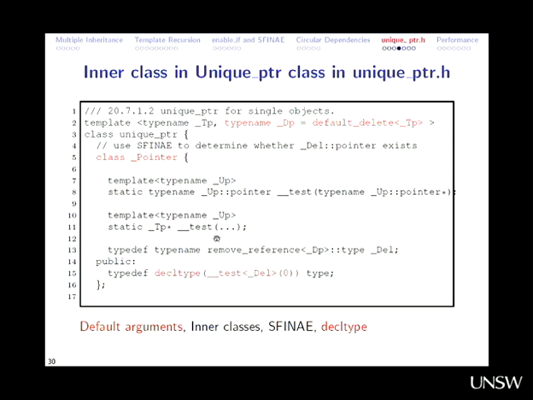So again, complex code, but basically all it's doing is using type traits to work out the thing you're trying to turn a unique pointer over: can we actually get a pointer to it? And so what you're seeing on the slide, again, 17 lines of code, is some default arguments. You need default arguments for the exam. Some inner classes. Again, you're getting the idea that substitution failure is not an error.